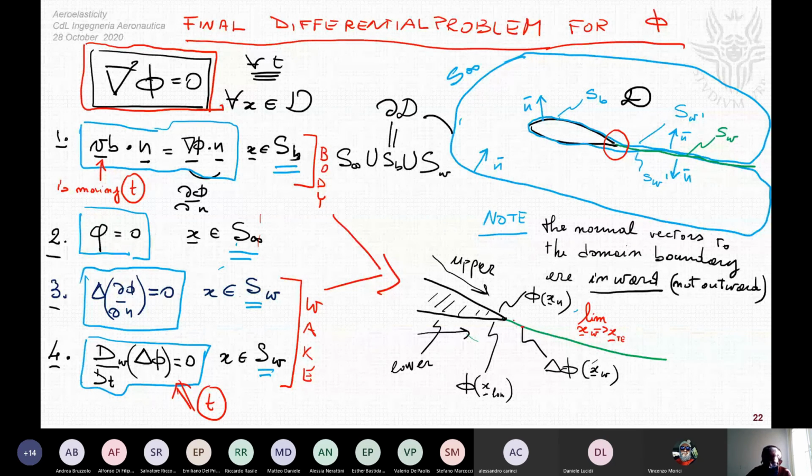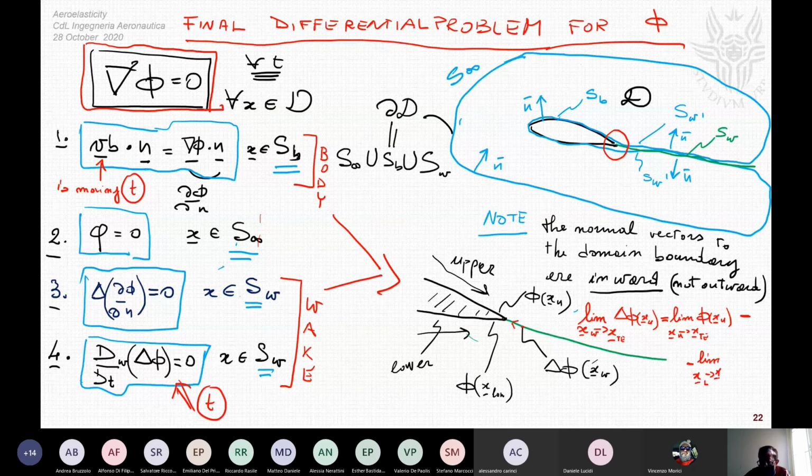if you take this limit on the quantity delta phi the wake, this limit moving from here toward the trailing edge should be the limit of a point x in the upper side going to the x in the trailing edge of phi evaluated in the upper side, minus the limit of x lower going toward the trailing edge.